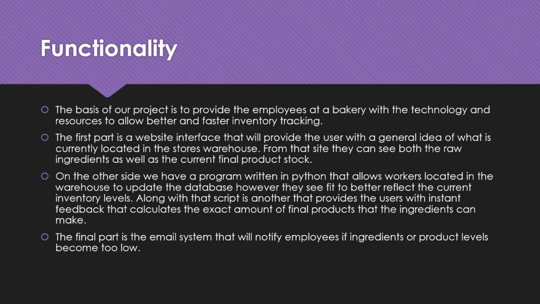The last part and most interesting part is the SendMail part. So when an inventory part or section gets too low, the sendmail would kick in and notify either the warehouse manager or just an employee in general that it's too low, and then it will order more stock, or they will order more stock.